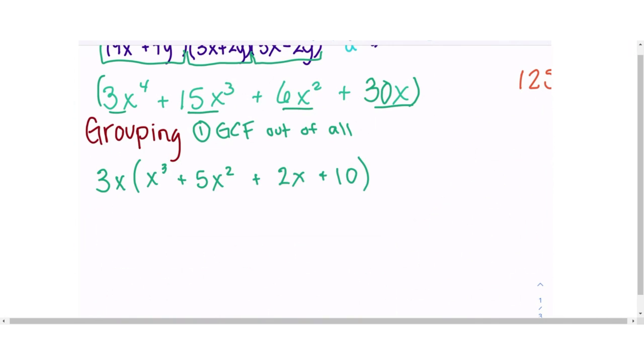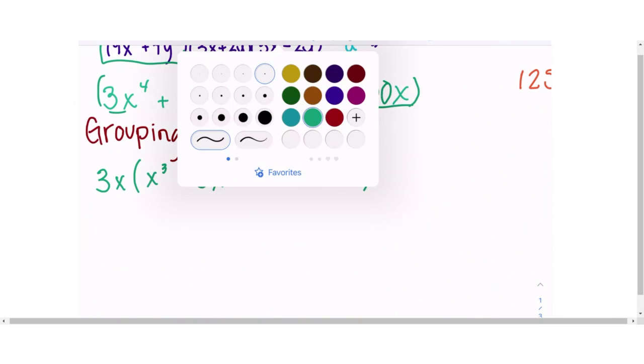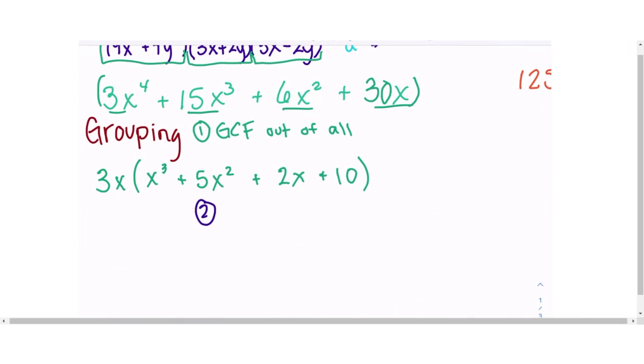Then the next step, like I started last time, is you're going to group. I'm going to look at these first two and those second two. So the first two and the last two, I can then look at the GCF of each of those.